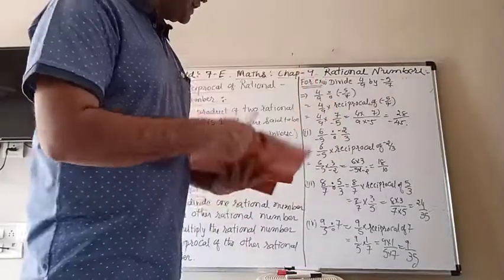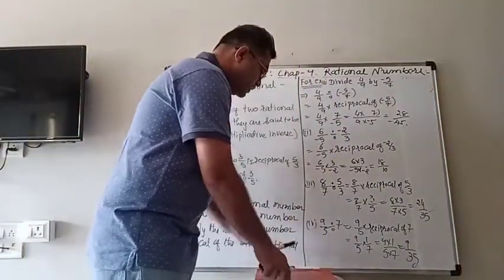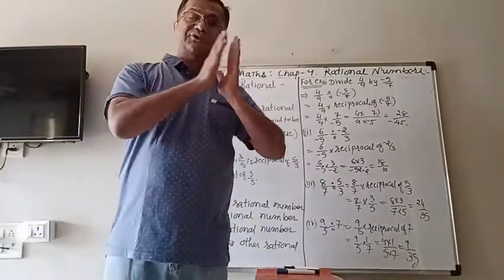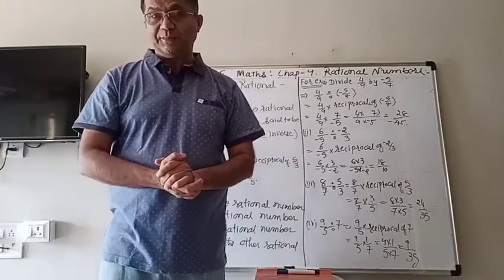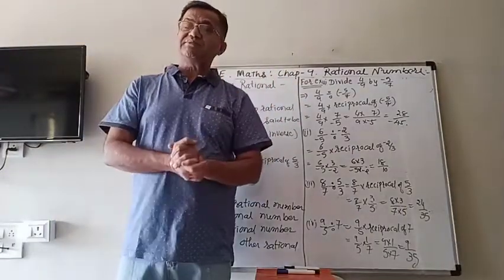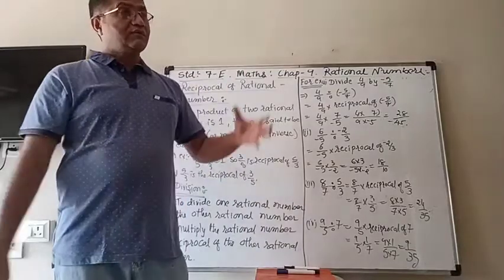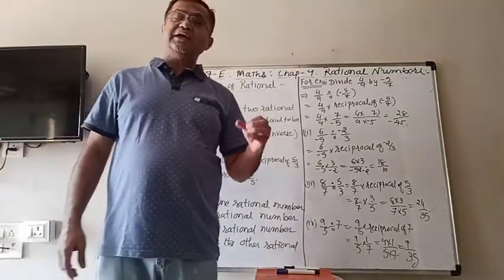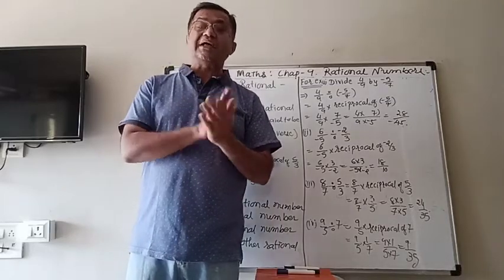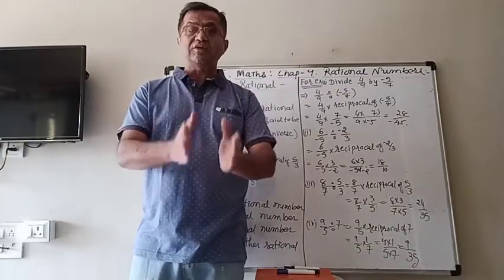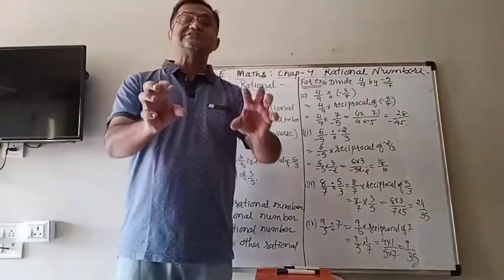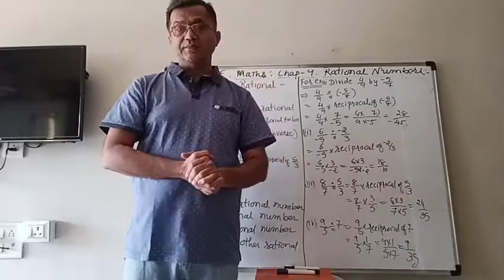Now, as I told you, what is the dangerous thing here? When you first learn addition and subtraction, and now you learn multiplication and division, sometimes there is a confusion. In addition and subtraction, when the denominators are not equal, what did we do? We took the LCM and then found equivalent rational numbers such that both have the same denominator, and then we add.